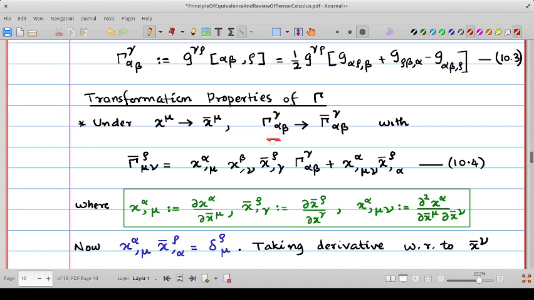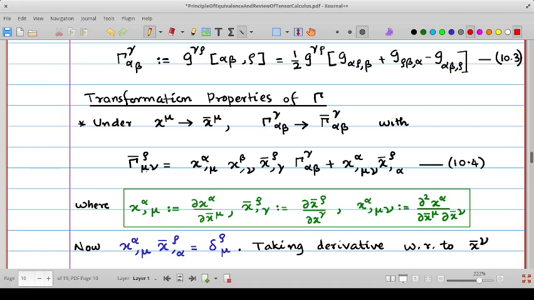In the first coordinates, that is x mu coordinates, it's given by this symbol gamma, and in the coordinates x bar mu, it's given by gamma bar, and gamma bar is related to gamma via this relationship.